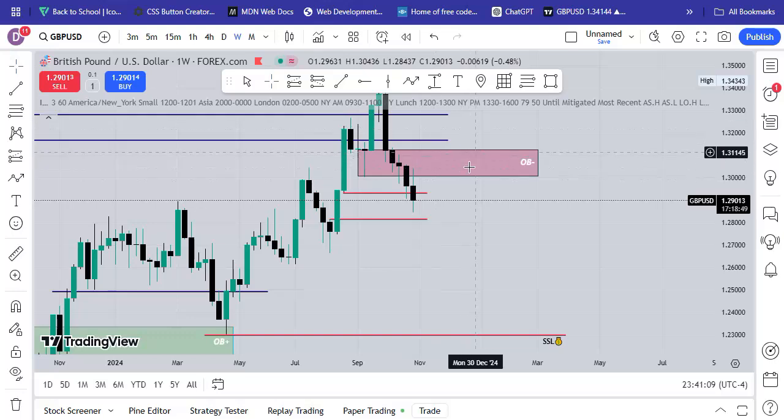So once price fills into this order block, it could tap into it and start dropping down, or it could even fill it completely, or even get to the 50% level. Although I don't want to see it fill it completely, I want to see it respected to maybe the 50% level, and then start dropping down.